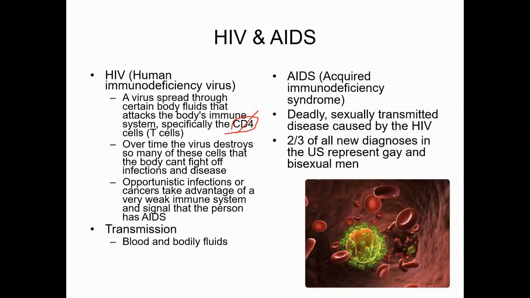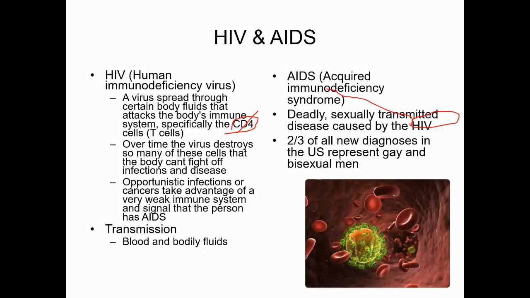Opportunistic infections or cancers take advantage of a very weak immune system and signal that that person has AIDS, and they just start getting lung infections, brain infections, skin infections. HIV is transmitted through blood and body fluids. Now, AIDS is acquired immunodeficiency syndrome, a deadly sexually transmitted disease caused by HIV, the human immunodeficiency virus. AIDS is caused by HIV.